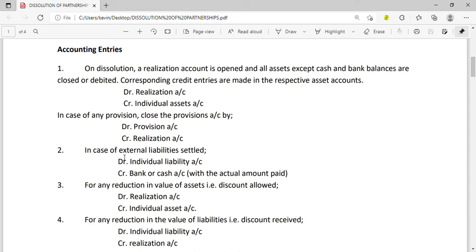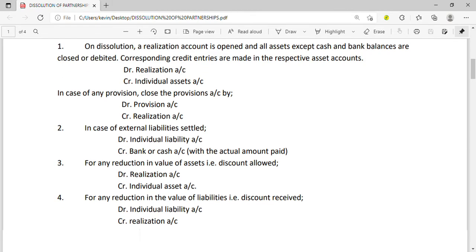So we debit the individual liability account and we credit cash or bank because we are settling the liabilities using either the money in bank or the cash at hand. So we credit cash or bank because they are reducing with the actual amount paid.